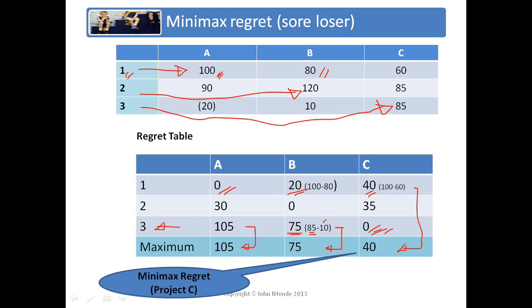We don't want to feel bad, so we choose the project which makes us feel the least worse off even after making the decision. In this case, that project is C. So with minimax regret, we are trying to minimize our regret. We don't want to feel very bad for making the wrong decision. In this case, the project which minimizes the regret is project C.